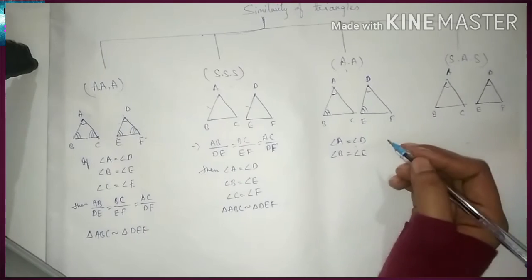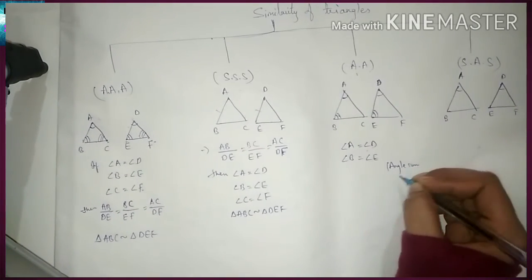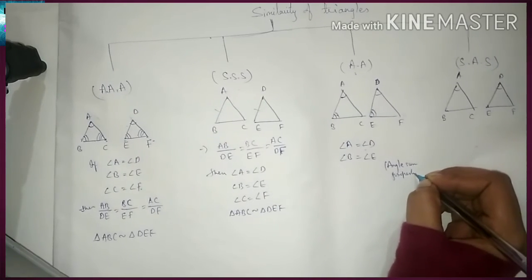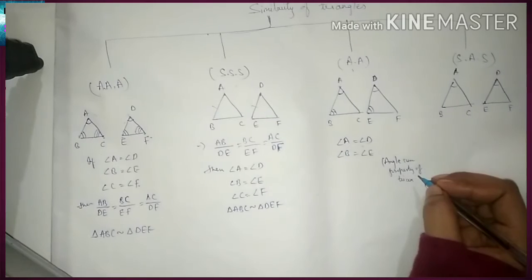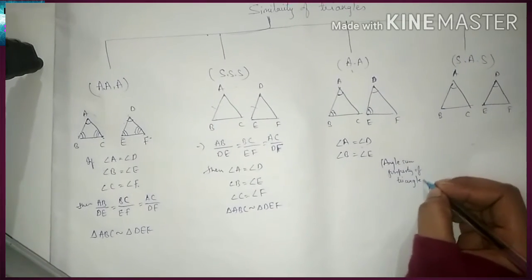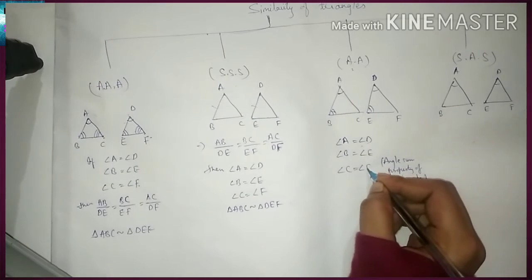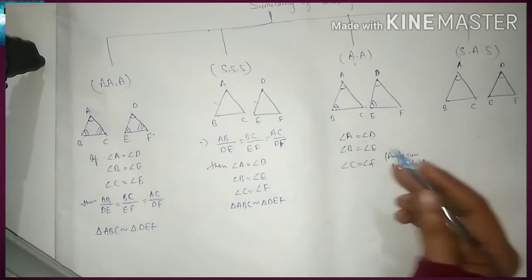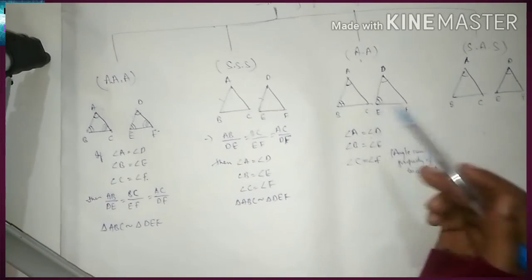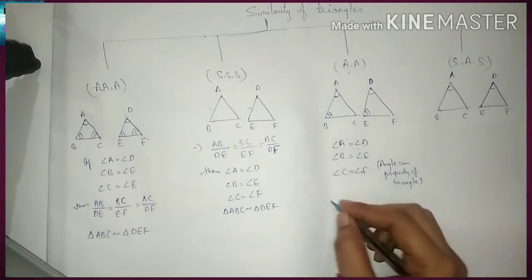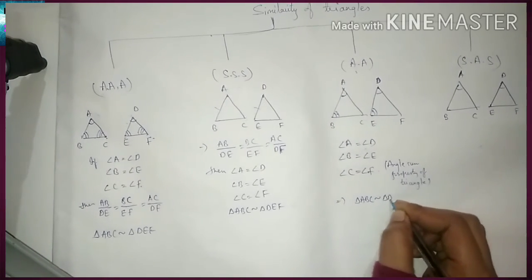Then by using the angle sum property of a triangle, that is, the sum of three angles is equal to 180 degrees, we can find that the third one will also be equal. Then what will happen? Again the sides of one triangle are proportional to the sides of another triangle. Then the two triangles will be similar. Triangle ABC is similar to triangle DEF.